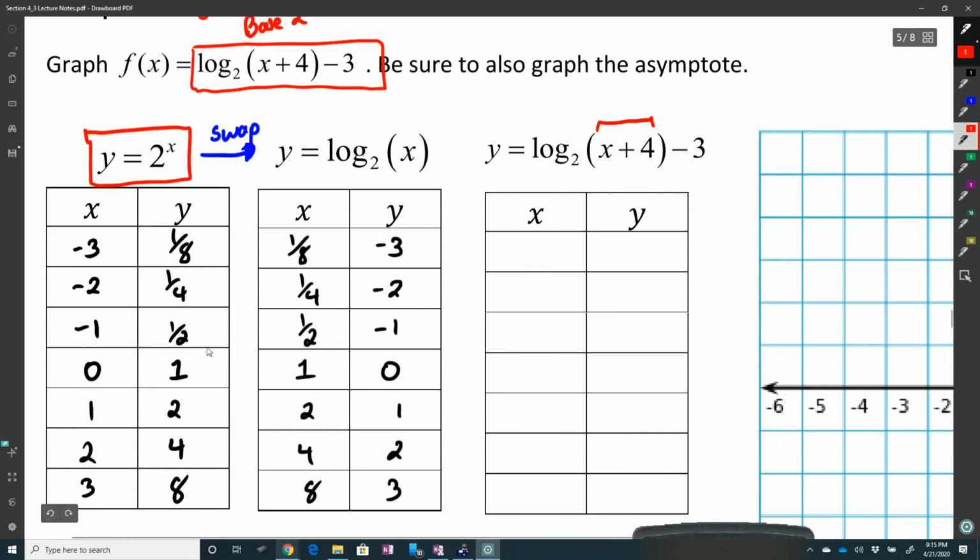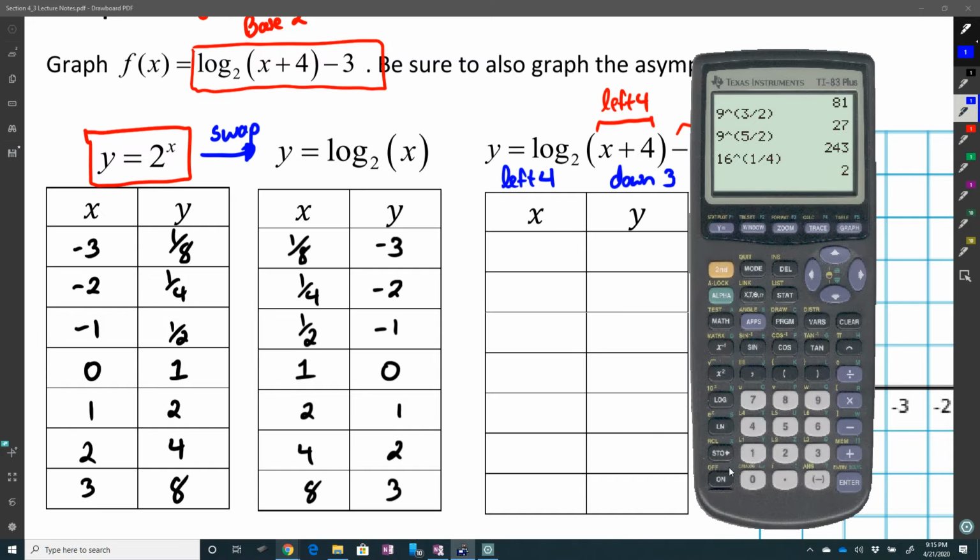Notice that this wants me to go left 4, down 3. So I'm going to go left 4, down 3. Now you can use your calculator if you want. I'm not going to force you to write it in terms of fractions.